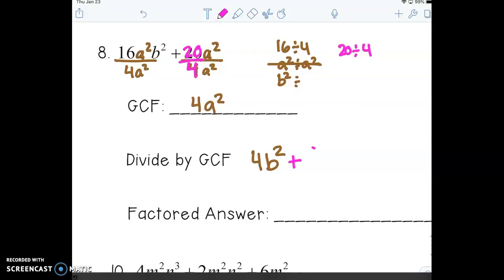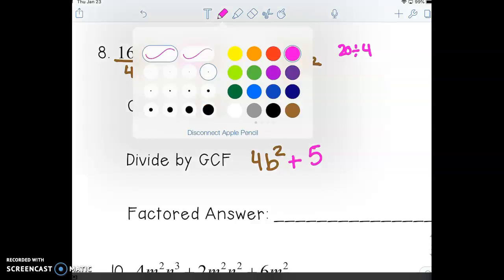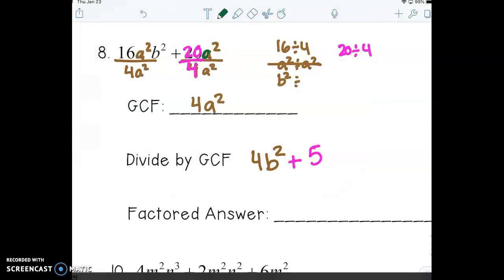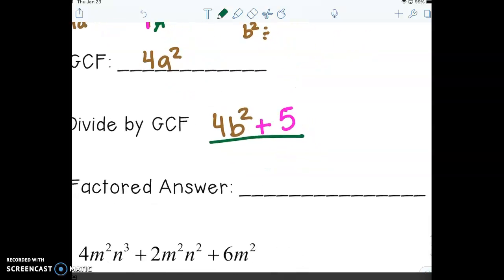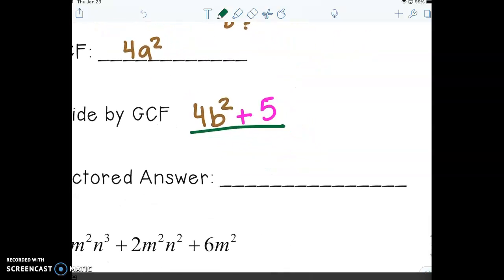That leaves me with a positive 5. Then I'm going to take the a squared divided by a squared. They cancel. So I'm left with just this piece. There's nothing more. But that's not my final answer. My final answer has to be written the GCF first, that 4a squared times 4b squared plus 5.